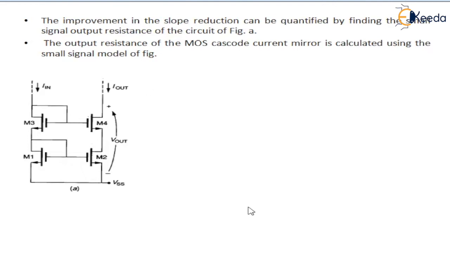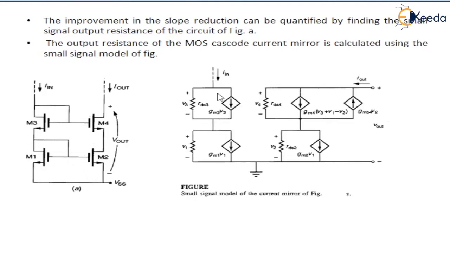So we can draw. Here is I in. This is for transistor M3, with RDS3, the voltage drop is V3 and the current is GM3 V3. Similarly, for M1, GM1 V1 is the current between drain and source, and V1 is the voltage across it.